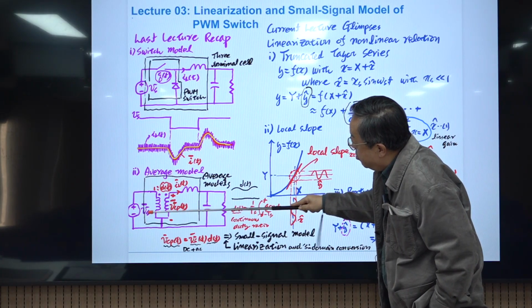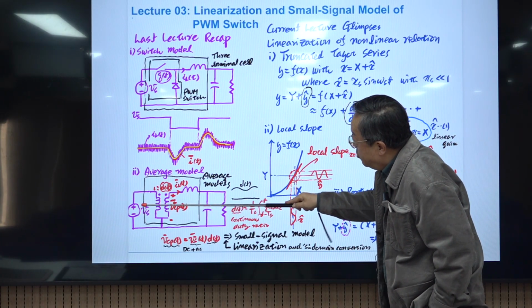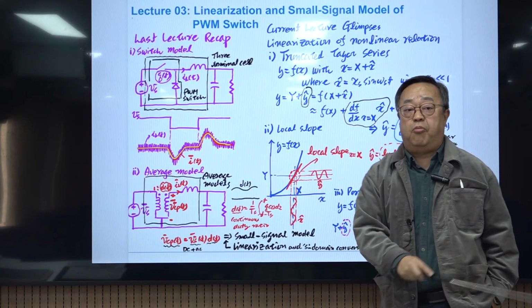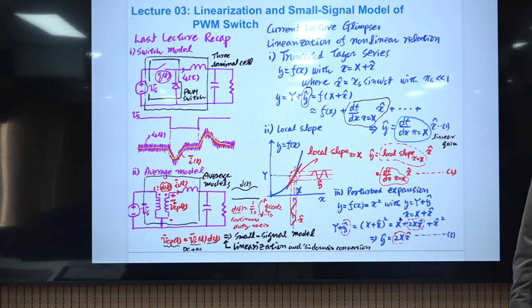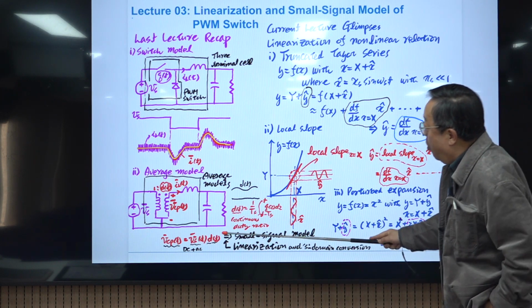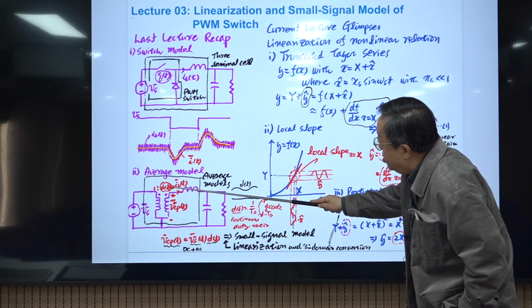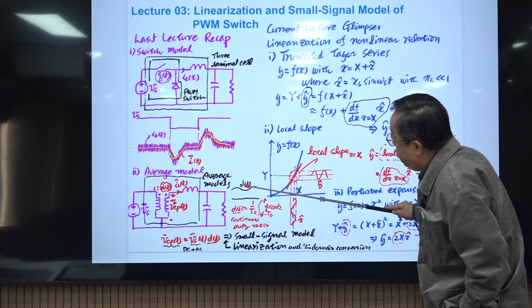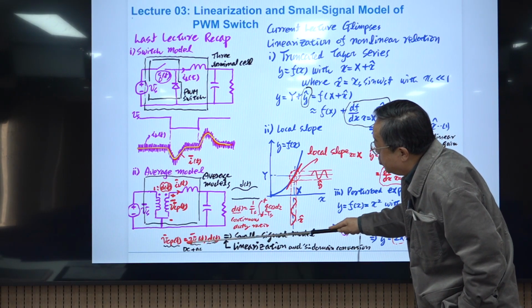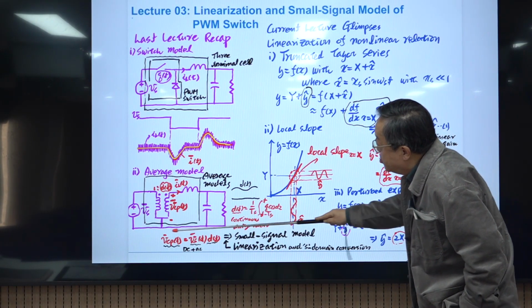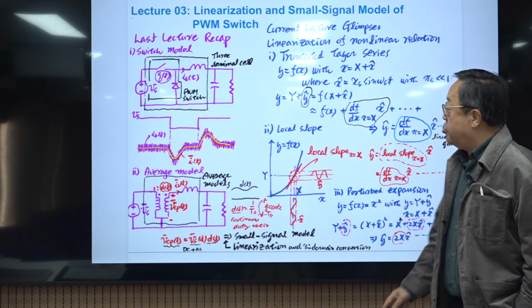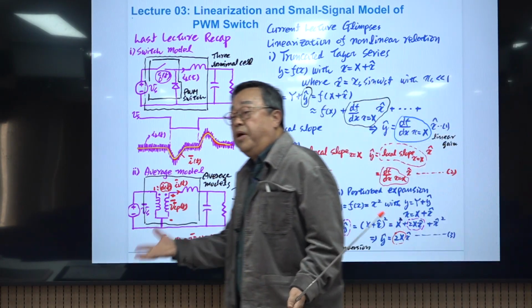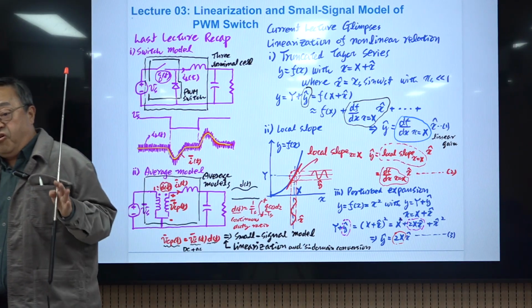This is also a time varying variable, so it may contain a DC component and an AC component, namely the DC bias and the AC signal, and the multiplication of this d(t) is also a time varying variable. So the product of two time varying variables generated in this process is a nonlinear process. So this model is time invariant, but it is a nonlinear model.